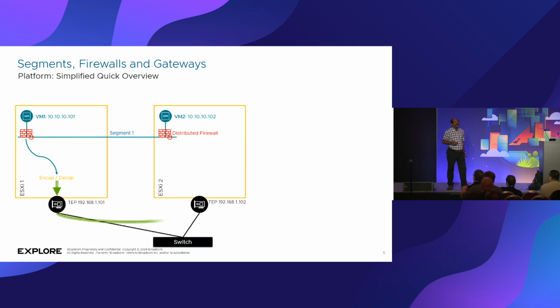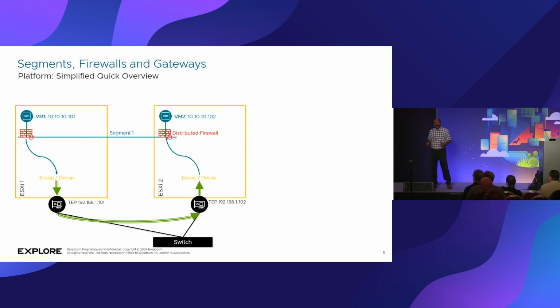That traffic is then routed across to wherever the receiving ESX host is. Again, at that PNIC layer, and also at the beginning of the ESXi stack, you have decapsulation or encapsulation based on the direction of your traffic. Then the traffic is sent to the VM.